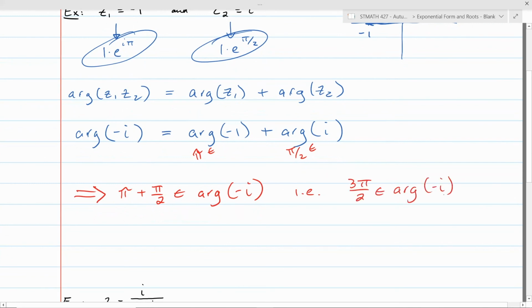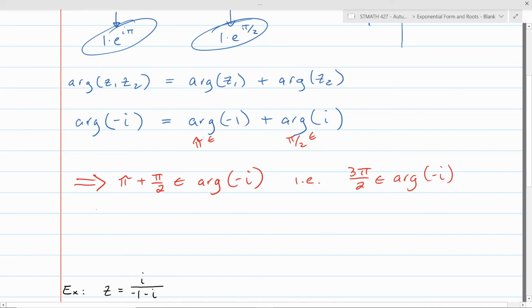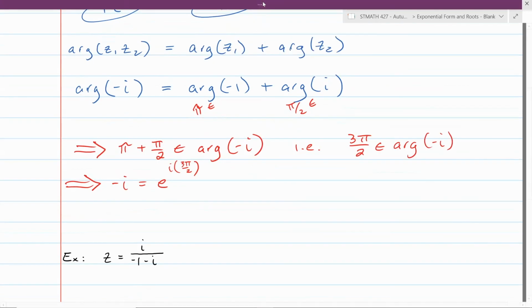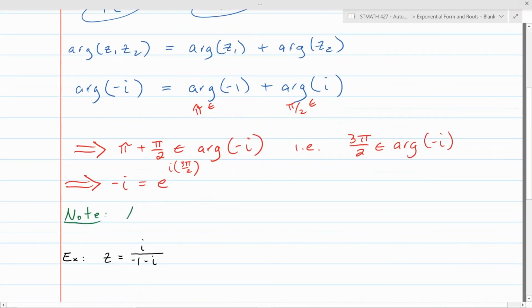Since I know 3 pi over 2 is an arg of negative i, I can write negative i as e to the i times 3 pi over 2. But another thing to observe is that the principal argument of z1 times z2 is not necessarily the same as the principal argument of z1 plus the principal argument of z2.